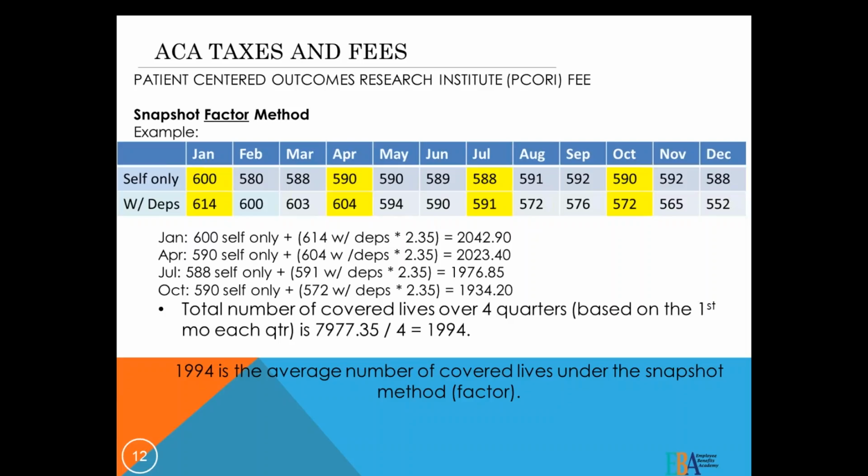This is done each quarter, and then we total that up and divide by 4. So in this particular method, we're looking at 1,994 as our final answer, and this is the average number of covered lives under the snapshot factor method.